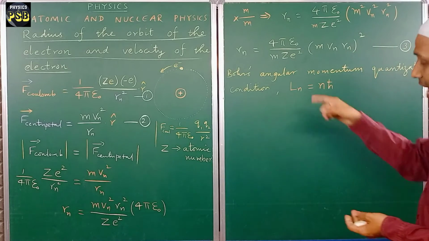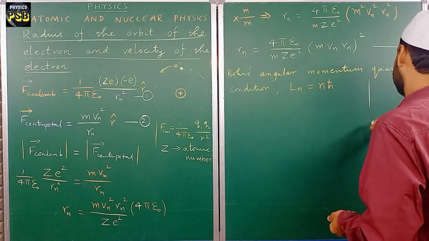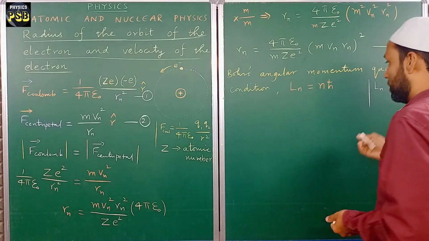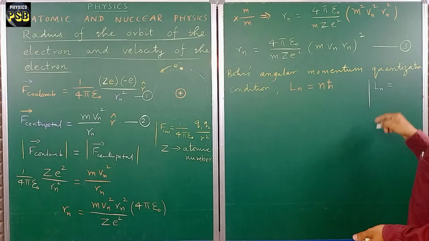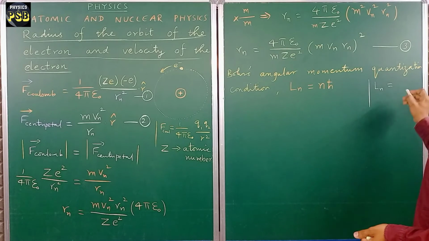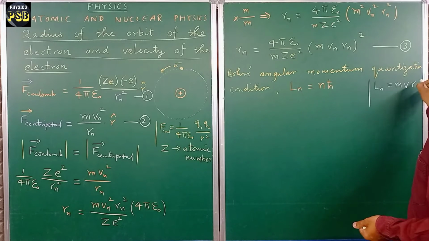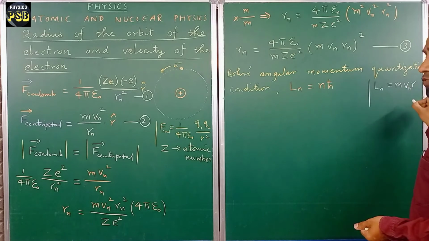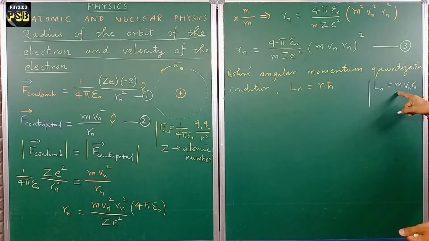Here, angular momentum Ln, you can also use a small n if you want, is found to be equal to mv multiplied with r. So here v is taken as vn, r is taken as rn. So Ln is equal to the product of m, vn and rn.